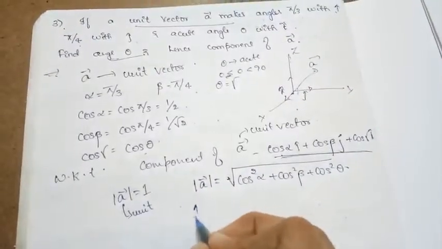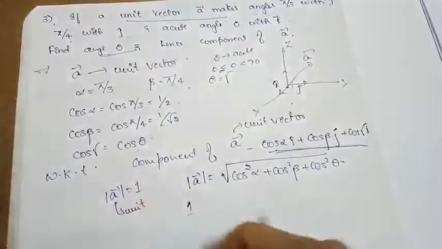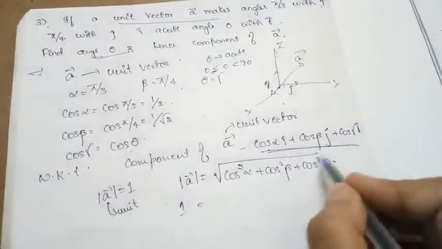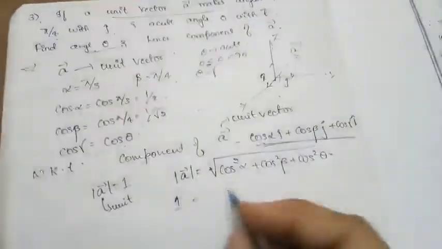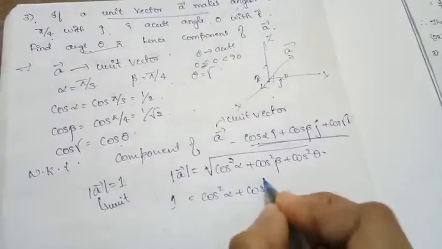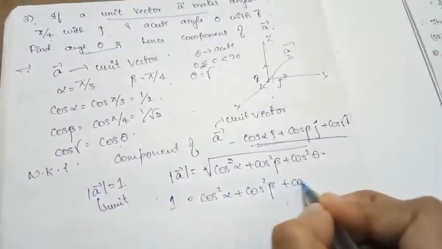This is 1. If I take the square on both sides, it becomes 1 square, and the square root and square cancel. So 1 square equals cos square alpha plus cos square beta plus cos square theta.